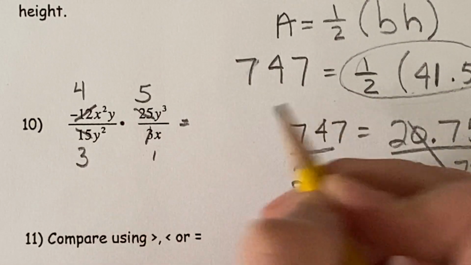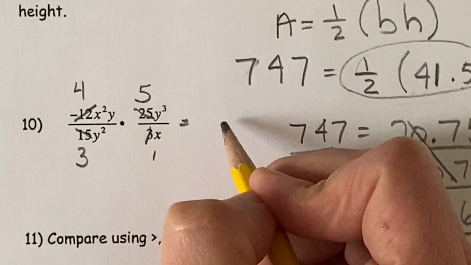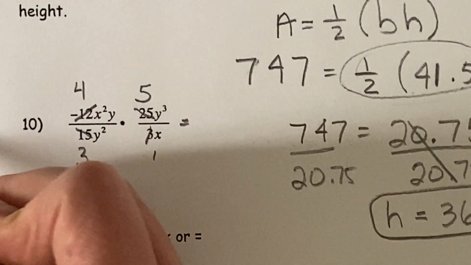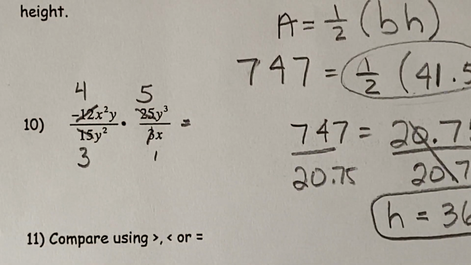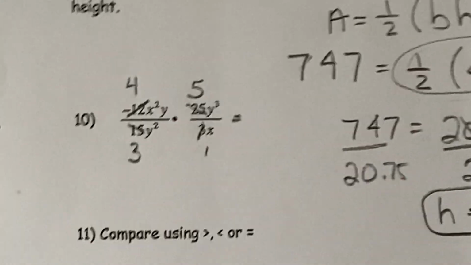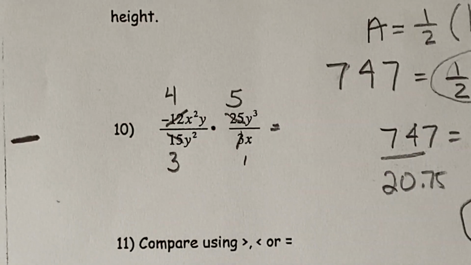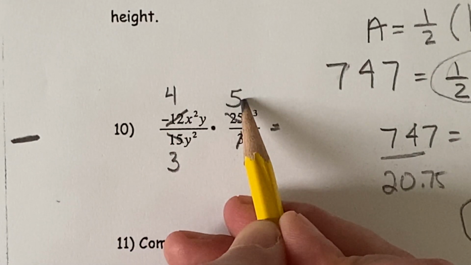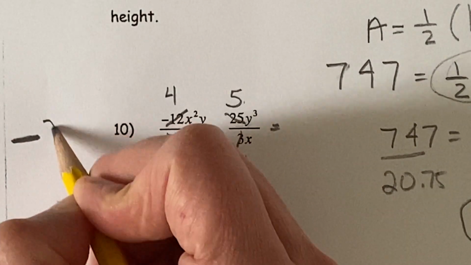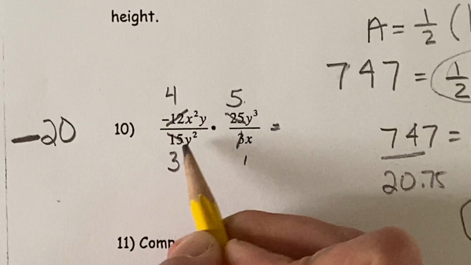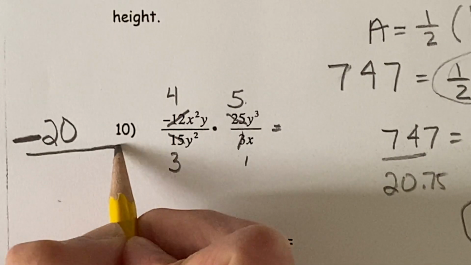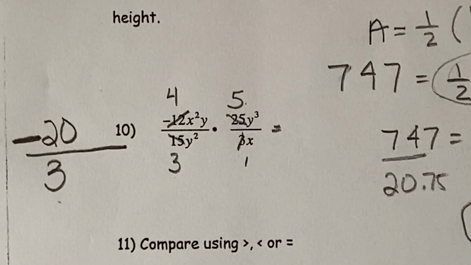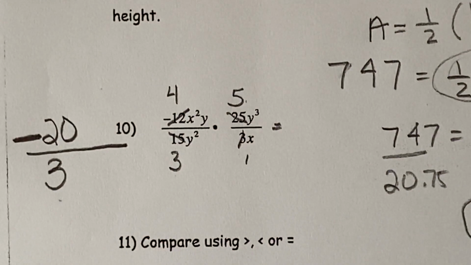My final answer is going to be negative. I'm running out of room. What if I do it on this side? Okay, now 4 times 5. My numerator is 20. 3 times 1, my denominator is 3. Let me double check that I cannot simplify that anymore. I can't simplify that anymore.